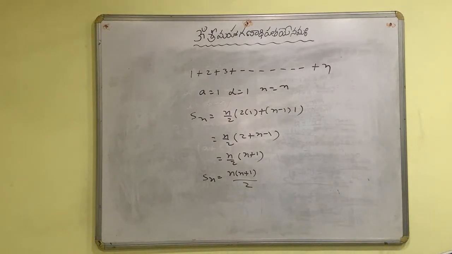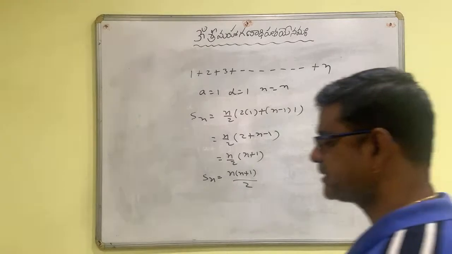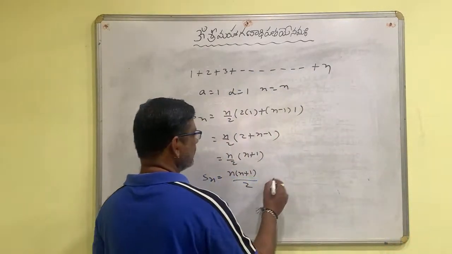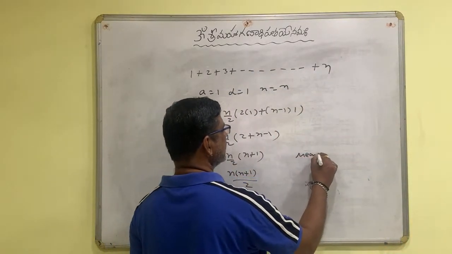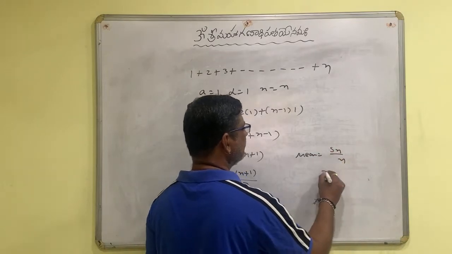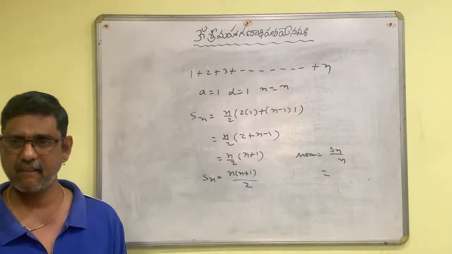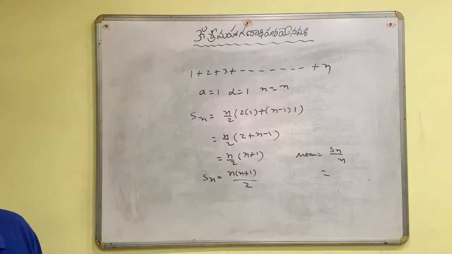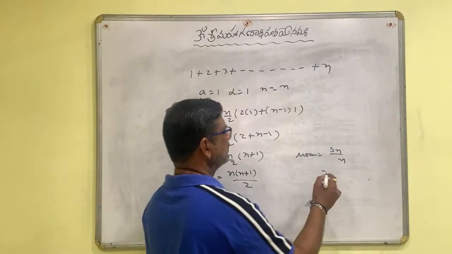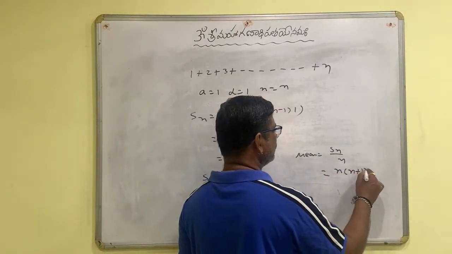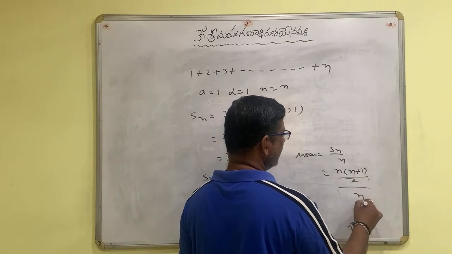Sn by n. Very good. What is Sn? Mean of first n natural numbers is Sn by n. Sn is n into n plus 1 by 2, divided by n.